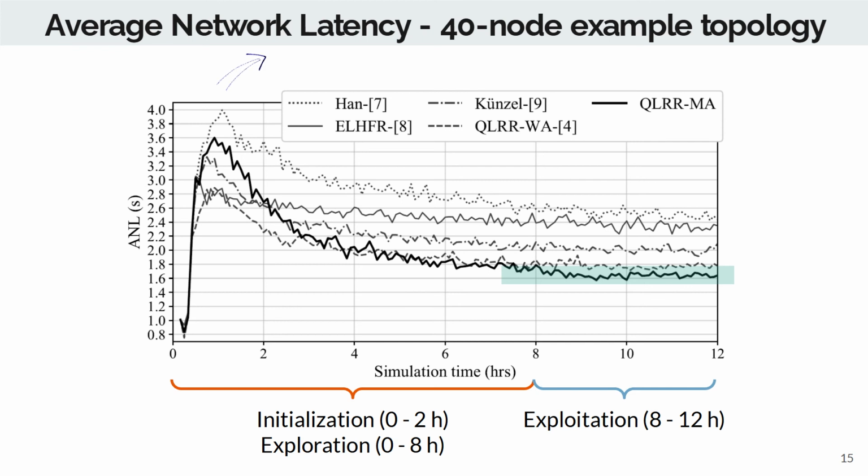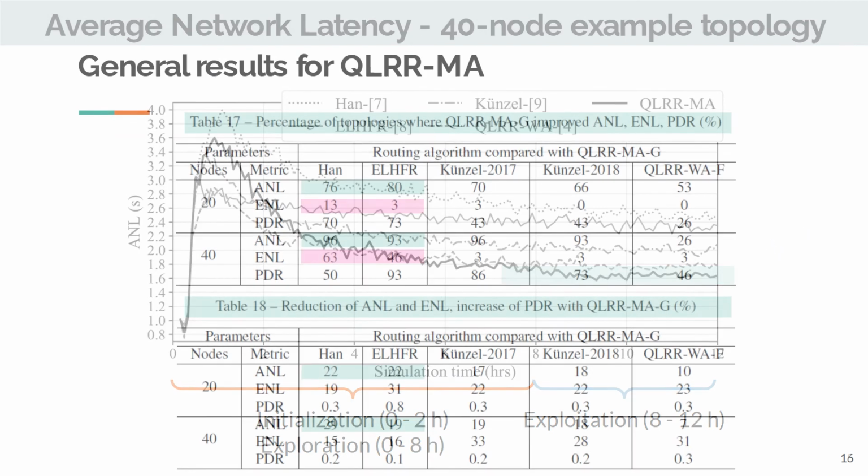Here we can see the average network latency. It's the average for all data sent over the network to the gateway over the 12 hours. We can see that the latency is higher during the network startup and exploration, and it stabilized during the exploitation phase. We can see that our approach presented the lowest latency when compared to the other routing algorithms for this specific topology.